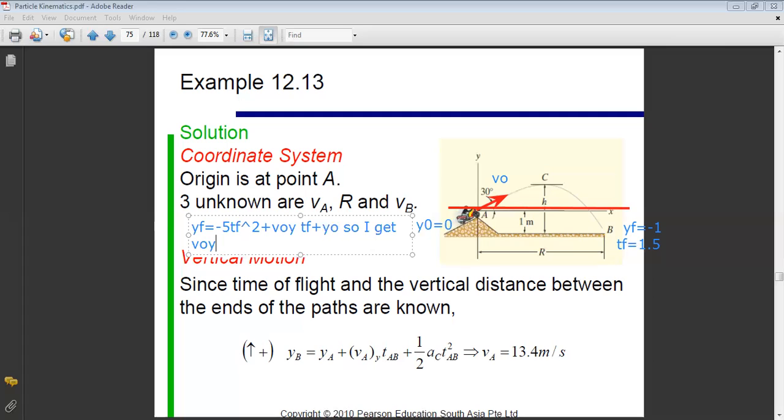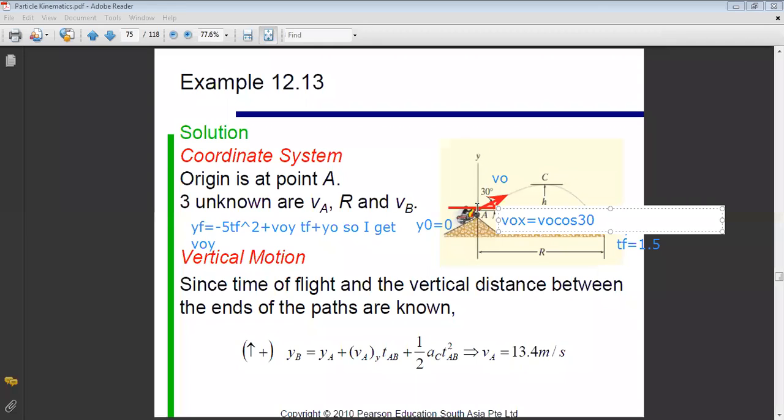What is the relation between V0 and V0Y? V0y is V0 sine 30. Why? Because look, 30 is with the horizontal. So from the angle, since the angle with the horizontal is 30, I can write that V0x is equal to V0 cosine 30.